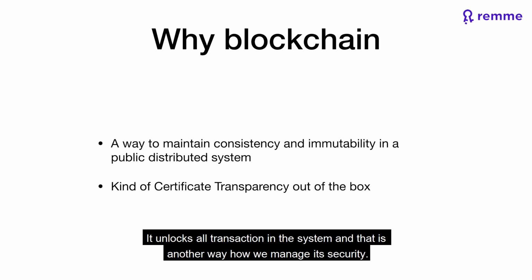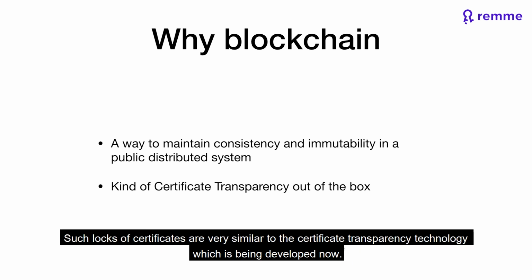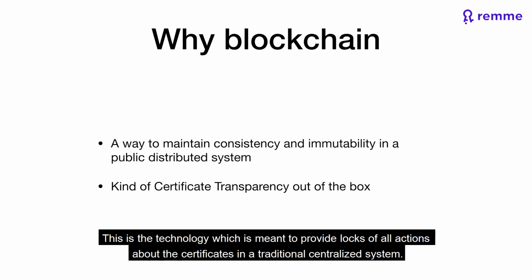and that is another way how we manage the security in the system, because such logs of certificates are very similar to the certificate transparency technology, which is being developed now. And this is the technology which is meant to provide logs of all actions about the certificates in a traditional centralized system.